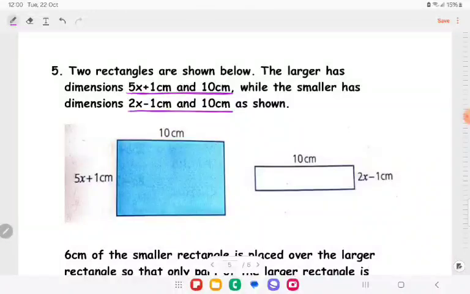Okay, so the area for the larger one is 5x plus 1 into 10, which is equal to 10 into 5x, 50x plus 10 centimeters square.